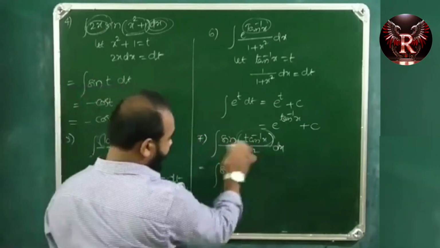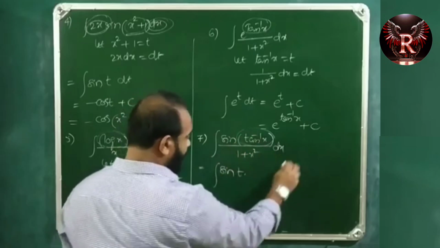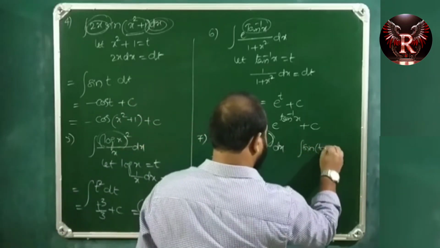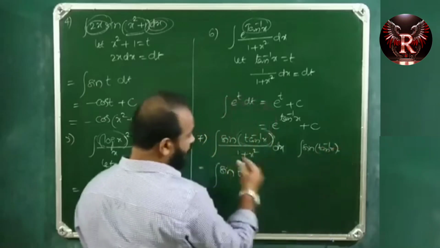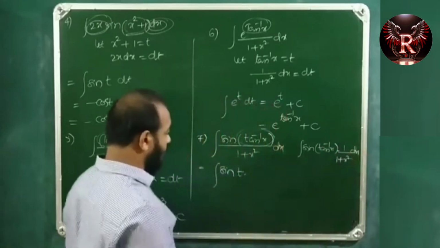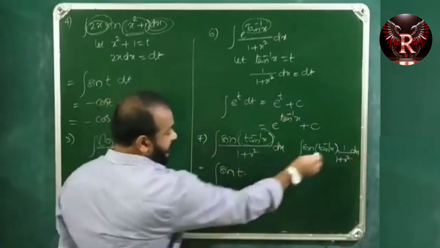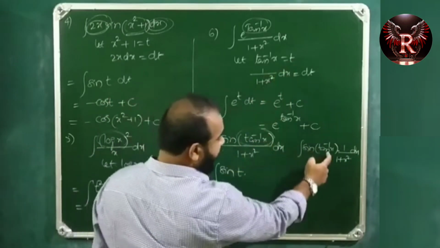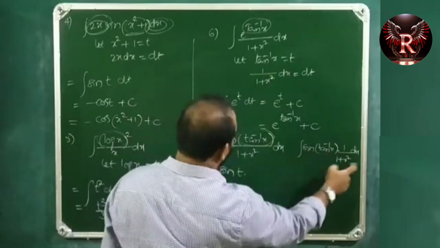Sine t, into, what is 1 by 1 plus x square dx?